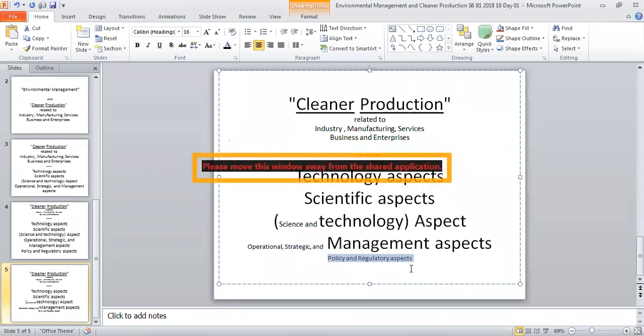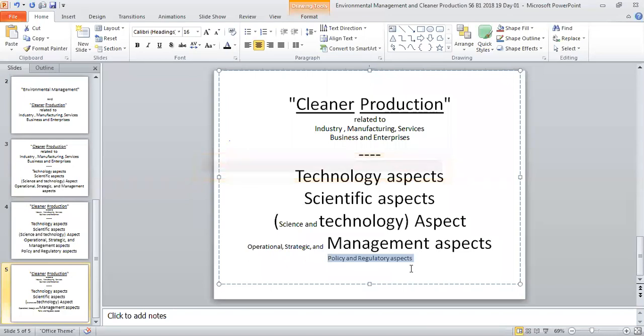That's why cleaner production goes hand in hand with the environment. So when it comes to cleaner production, it is environmental management: how we can minimize the negative impacts on the environment while engaging in production activities.